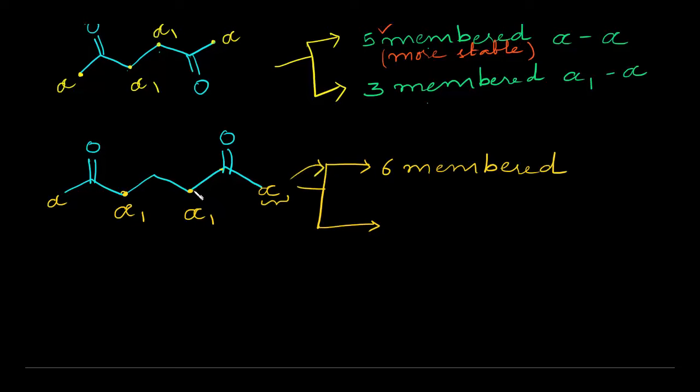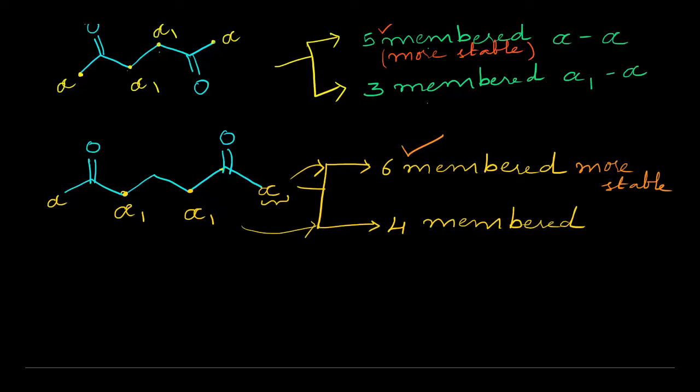If your carbanion is over here, then your ring will be 1, 2, 3, 4: a 4 membered ring. A 6 membered ring is more stable compared to a 4 membered ring.